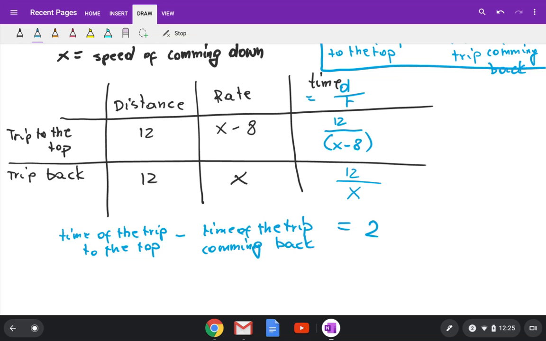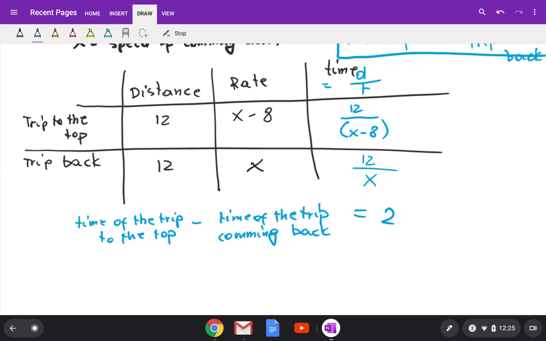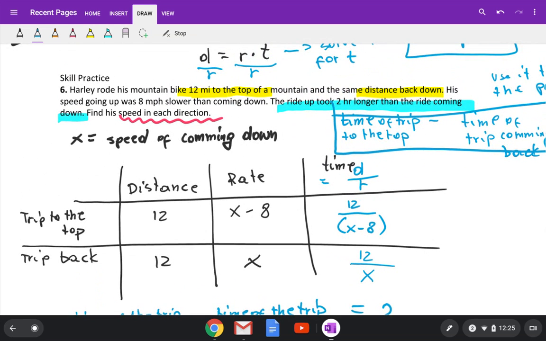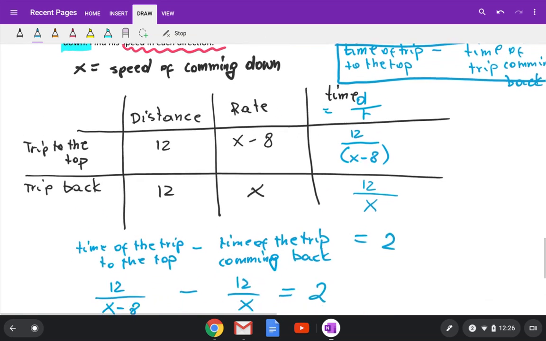Okay, so time of trip to the top is 12 over x minus 8, minus time of the trip coming back, which is 12 over x, equal to 2. I'm using that information and then I will be able to figure out the speed, which is x. And that's what I wanted.